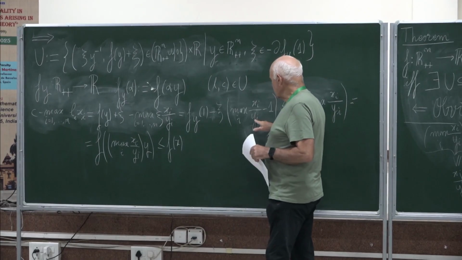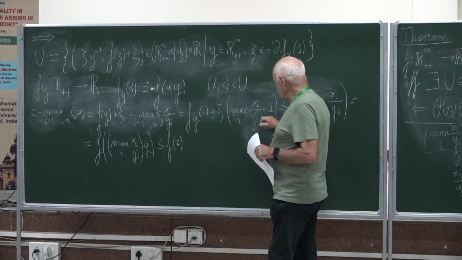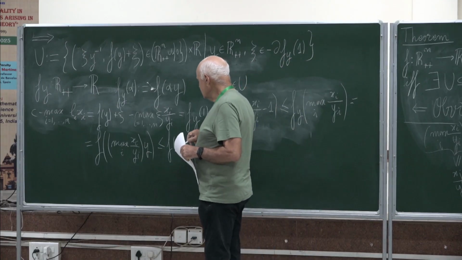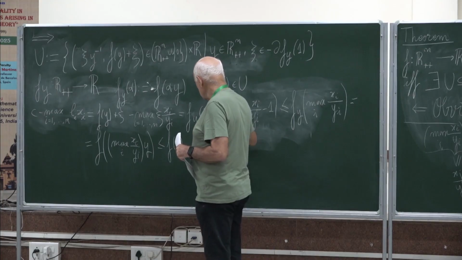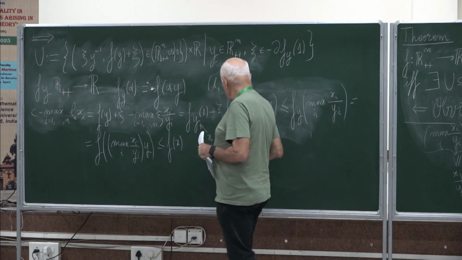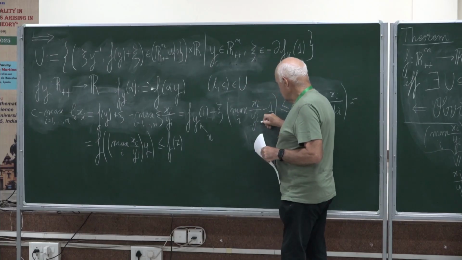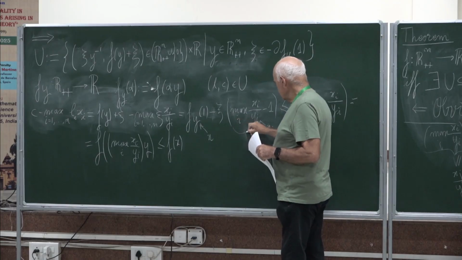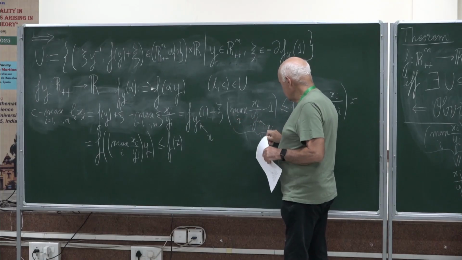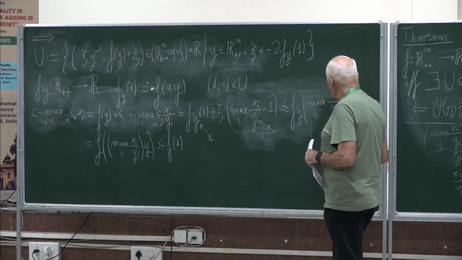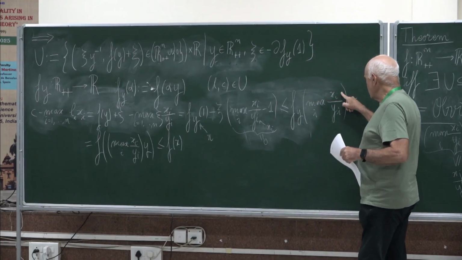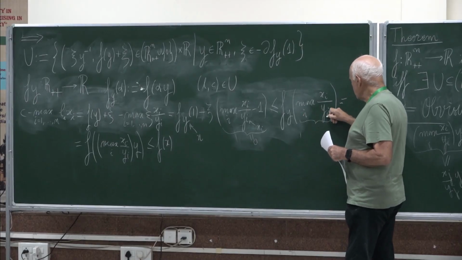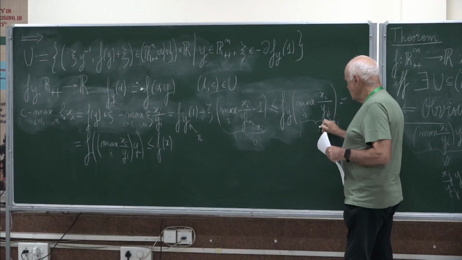If I take y equal to x, so this is xi, this difference is 0, or if you want, come here, then because xi is xi, you have 1.